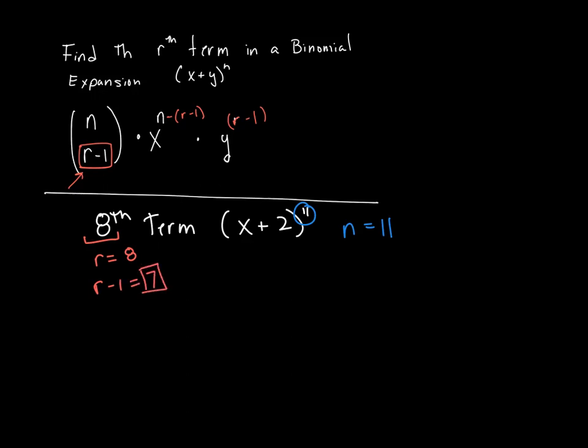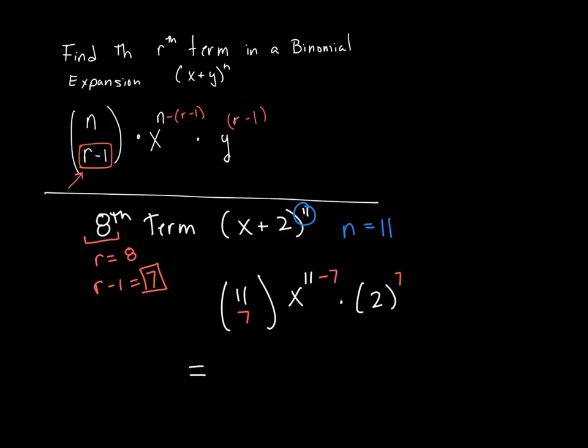And this is that number we're going to be using. So when I set up the combination here, I make that 11 choose 7. Then it is x to the 11 minus 7 power times my y term, which in this case is just 2, and that is to the 7th power.